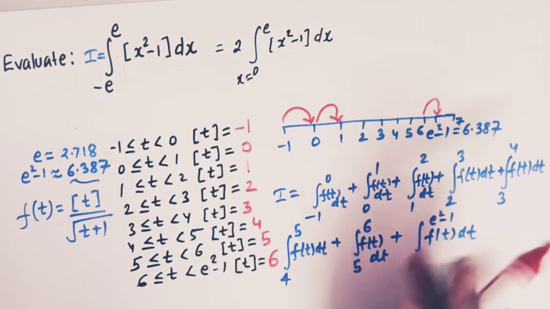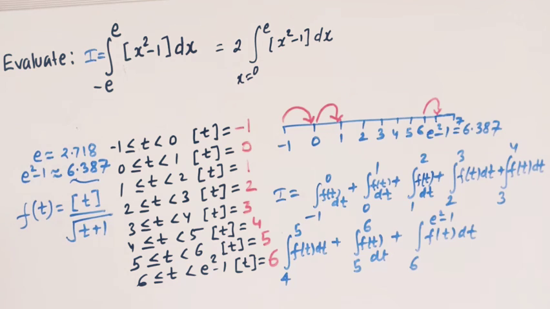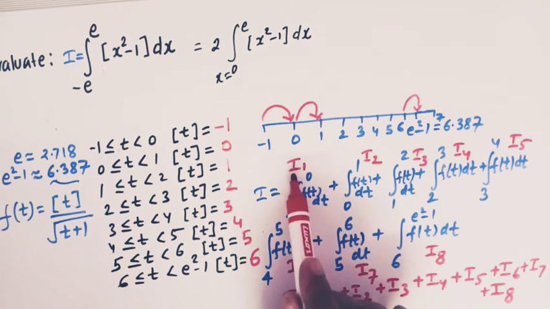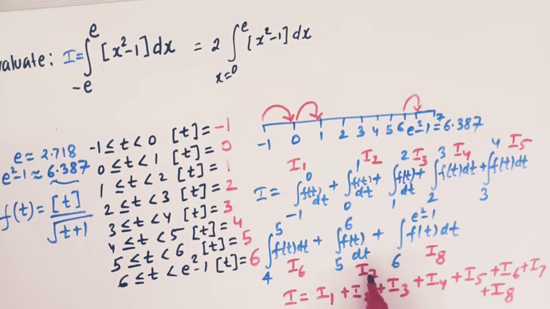So let us now evaluate these 8 integrals. Let us denote these 8 integrals by I1, I2, I3, I4, I5, I6, I7 and I8. So the value of this integral I is the sum of all these 8 integrals, right? Let us solve these integrals one by one.